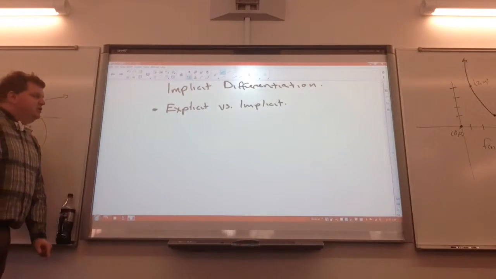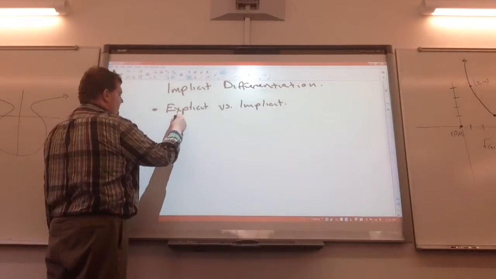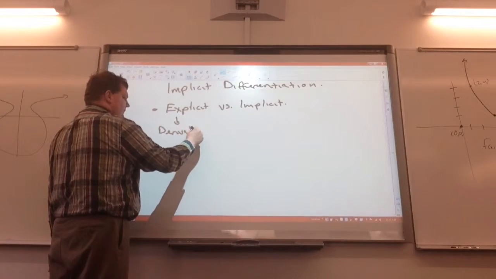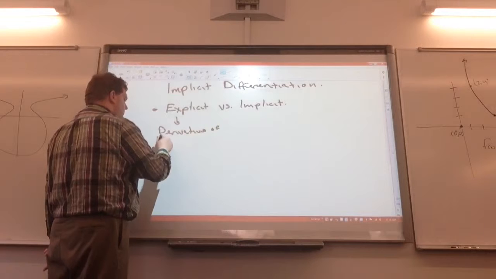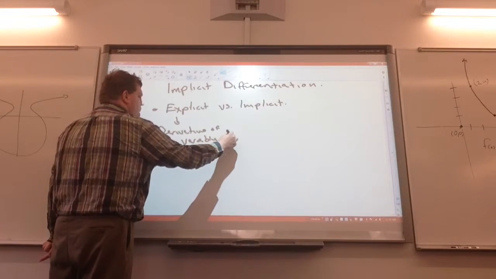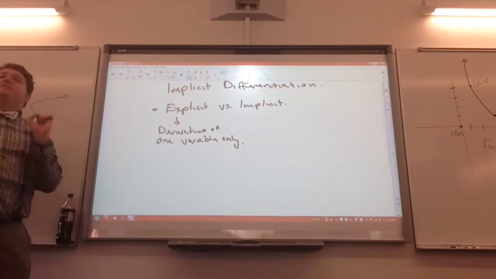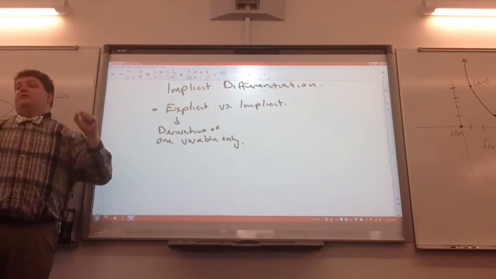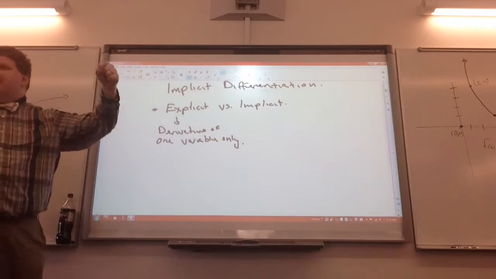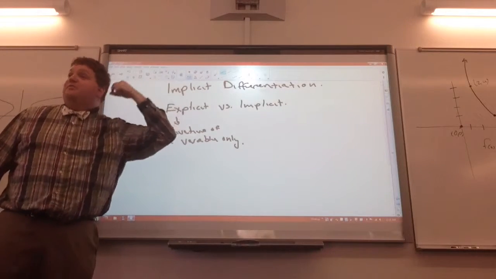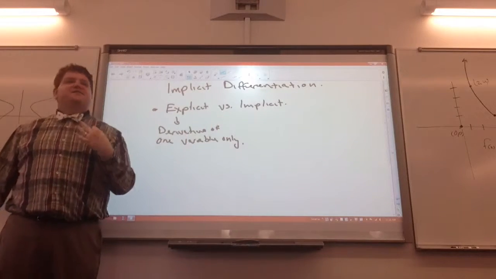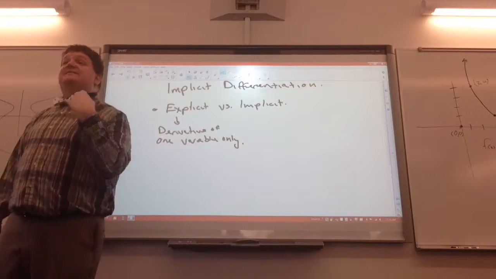Explicit differentiation, you're basically just doing the derivative of one variable only. And you're also explicitly told what you're taking the derivative with respect to. Like in f of x, we know we're taking the derivative with respect to x. The position equations are x of t, we're taking the derivative with respect to time.